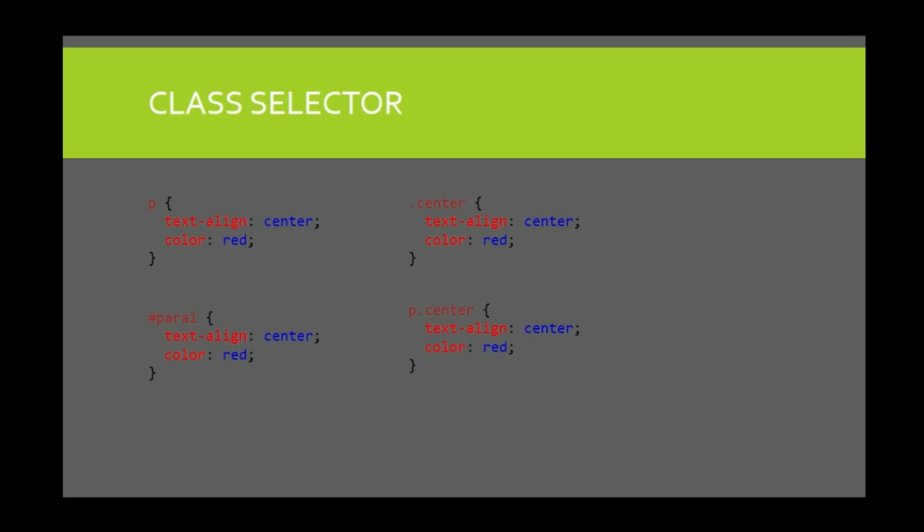You can look at this example of simple selectors. For P, we use the tag P as the selector. For this example for ID, we use hashtag para1. This one is for the class, and this one is for P inside the class.